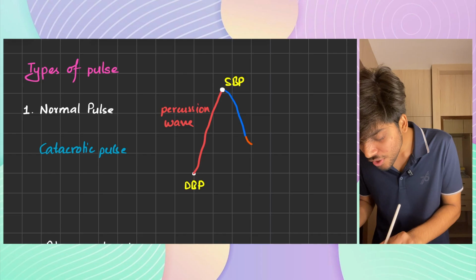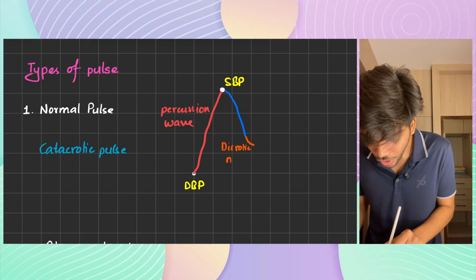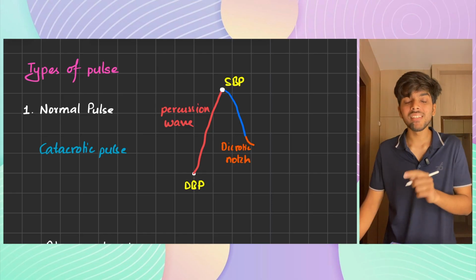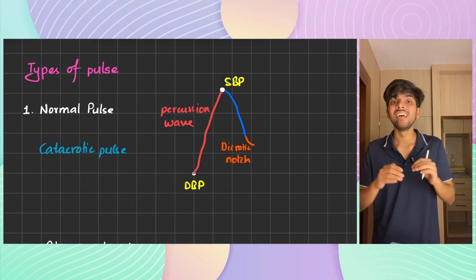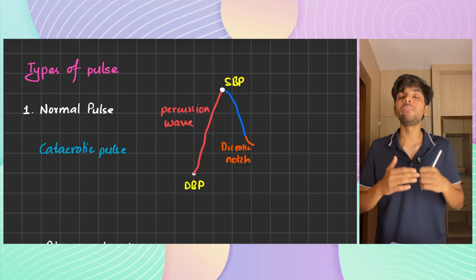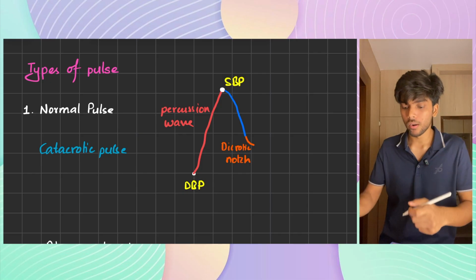This notch that I have shown right here is called the dicrotic notch. So what is the dicrotic notch? The dicrotic notch represents the closure of the aortic valve, resulting in a transient fall in pressure inside the aorta due to the fall back of the column of blood.